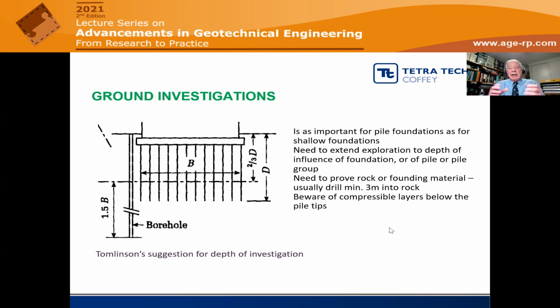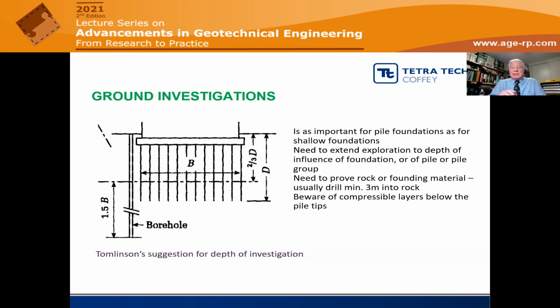In terms of the ground investigation itself, how far do we need to go? Ideally, according to Tomlinson, we need to go to at least 1.5 breadths below the level of the foundations. We need to be able to prove rock for a decent distance below the top of the rock. And we need to make sure in particular that we don't stop just because we may hit rock.